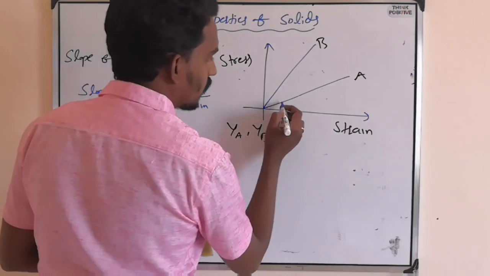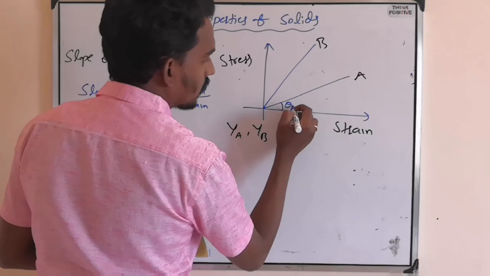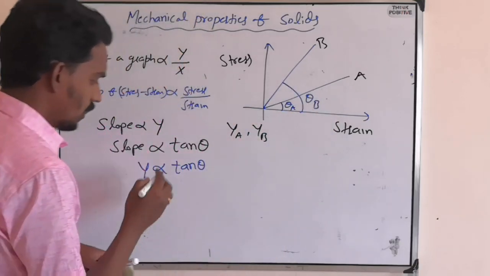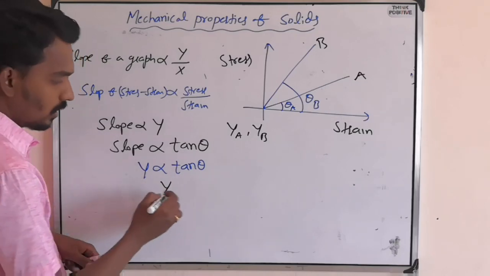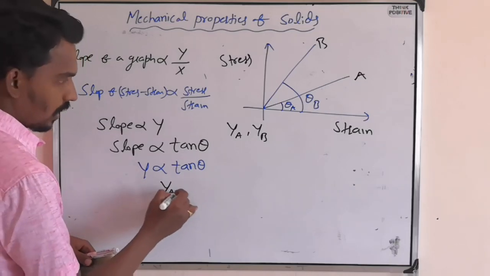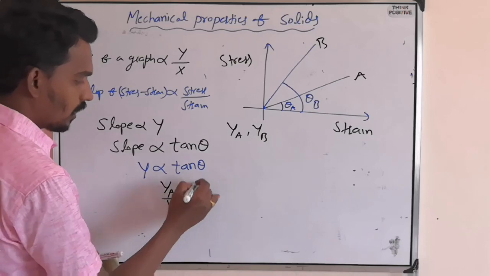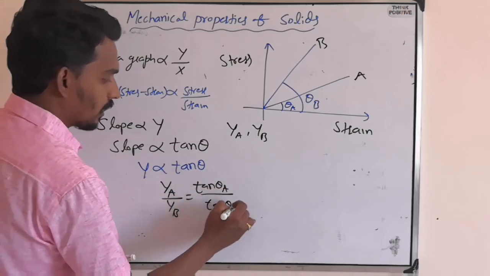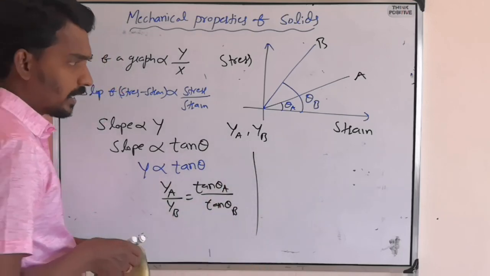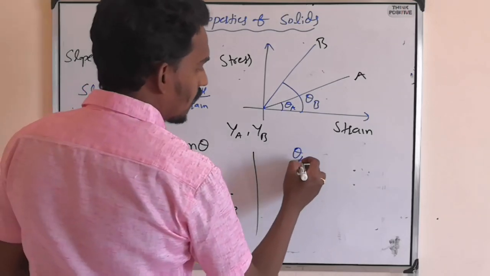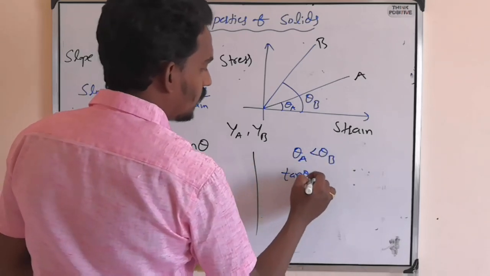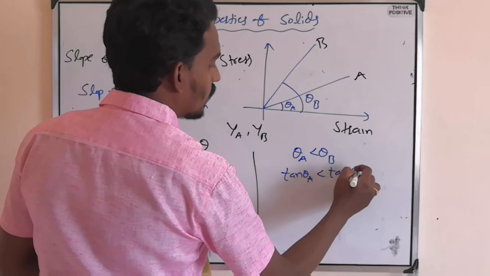Here A is making an angle theta A and B is making an angle theta B, so YA by YB equal to tan theta A by tan theta B. But here theta A is less than theta B, so tan theta A is less than tan theta B.